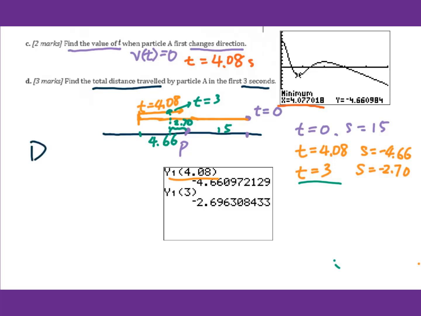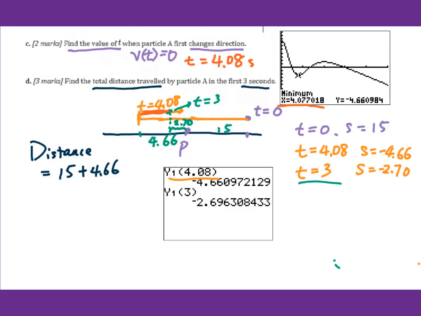Therefore, the total distance equals from 0 to t equals 4.08. That will be 15 adding 4.66. Then you need to add this distance traveled.